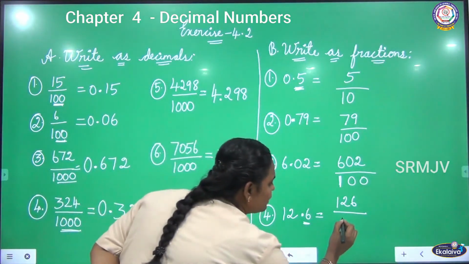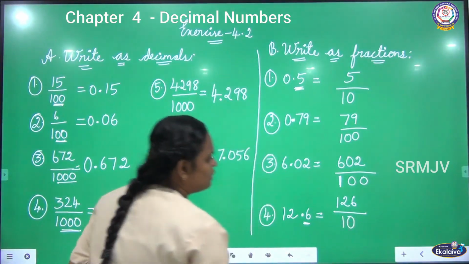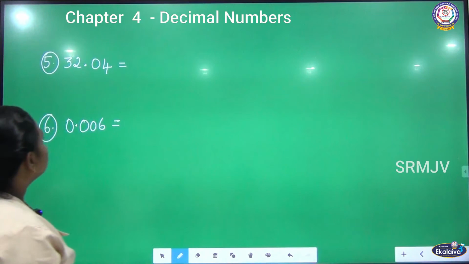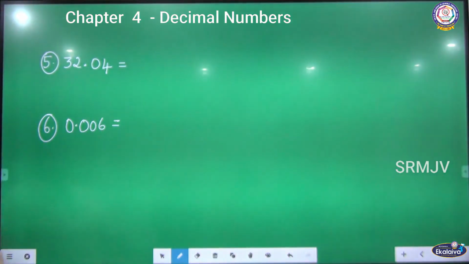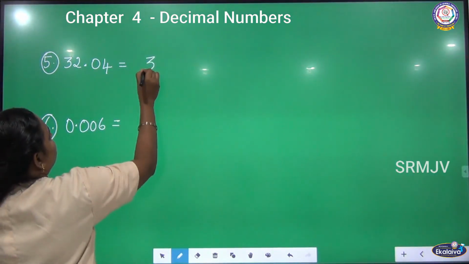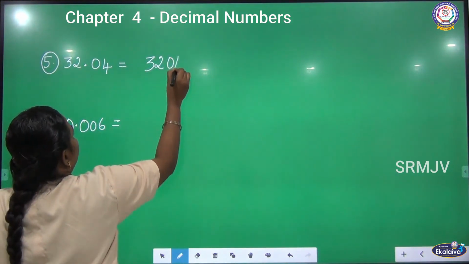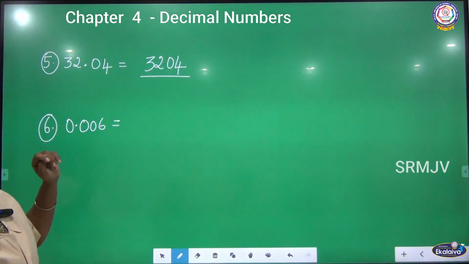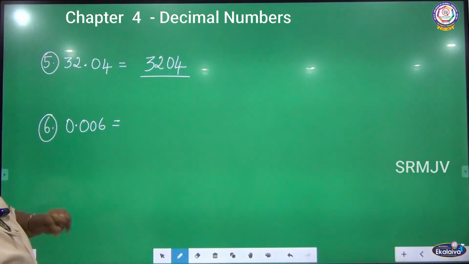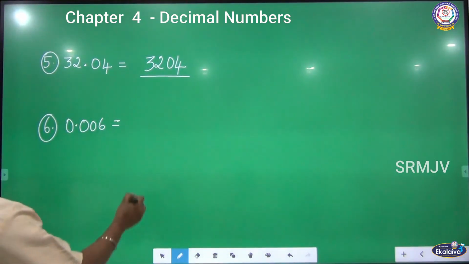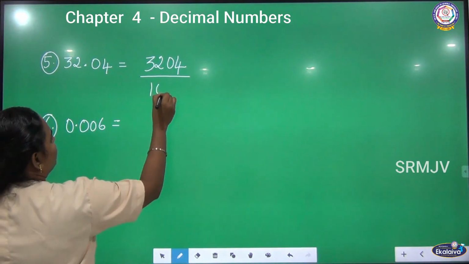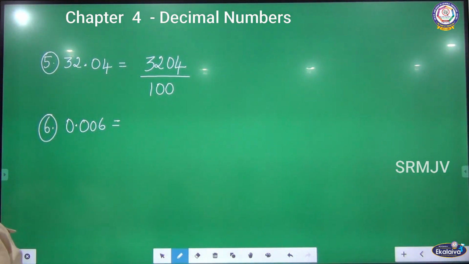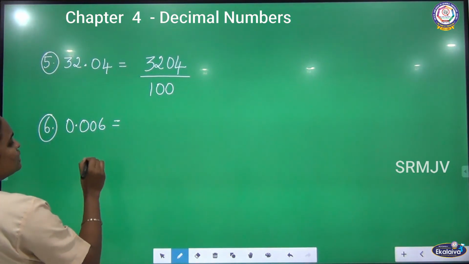So you can write 126 by 10. Next one, 32.04. So you write 3204. How many decimal places are there? 1, 2. 2 decimal places. So you write 100. 3204 by 100.